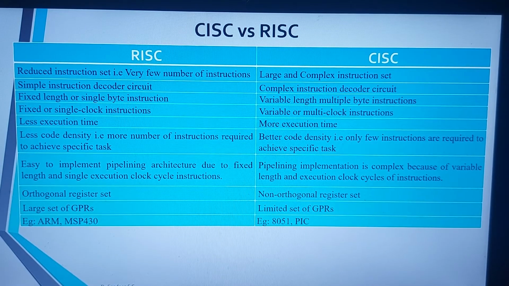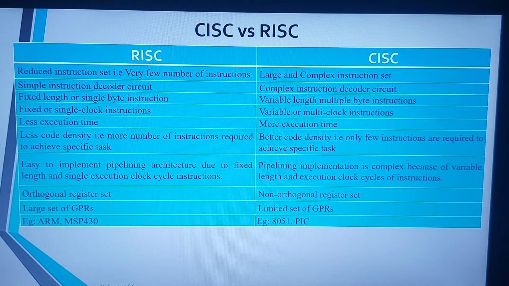Similarly, even in execution, RISC instructions usually take only one clock cycle, or a fixed number of clock cycles for all the instructions. Whereas in the case of CISC, the number of clock cycles taken by an instruction varies to a very large extent, starting from a single machine cycle to 3 to 4 machine cycle instructions.